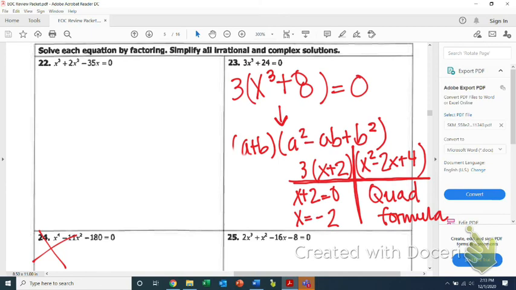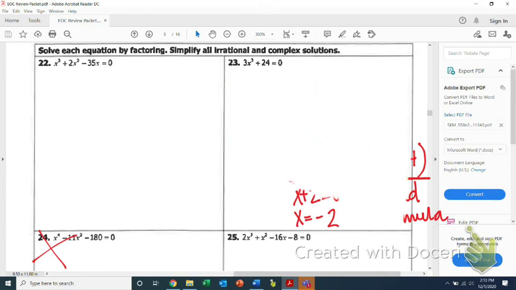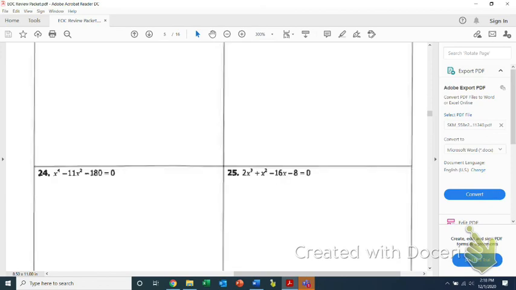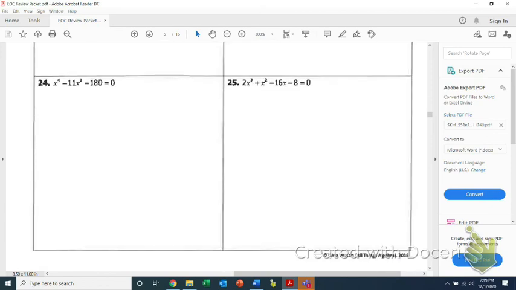Let's see. On the last one, 25, we group. So when you group, we draw a line straight down the middle.